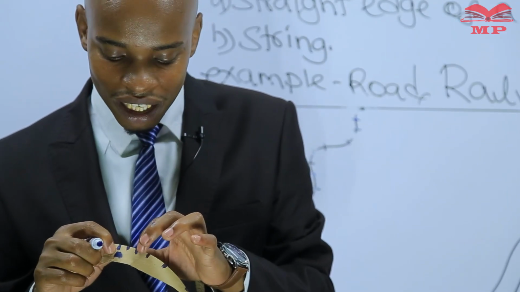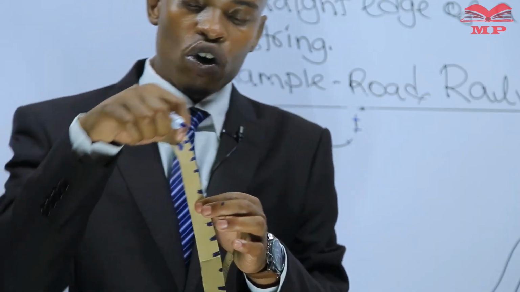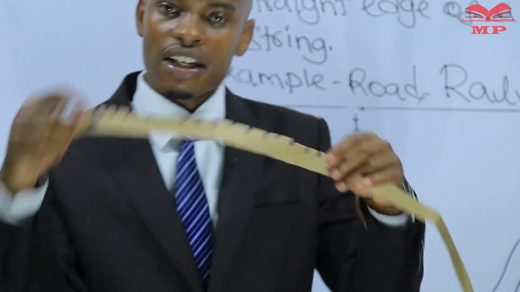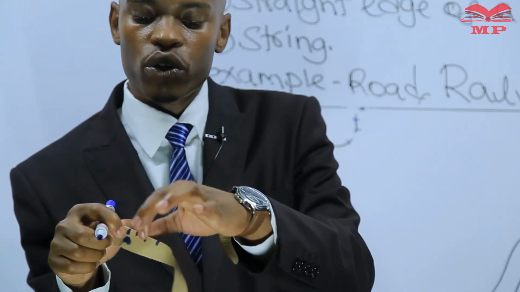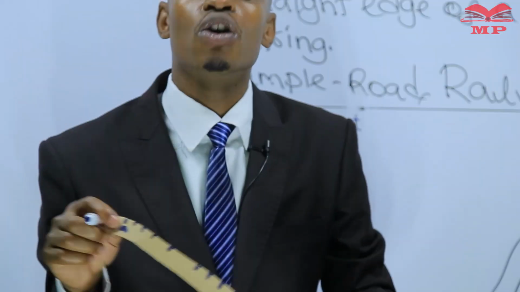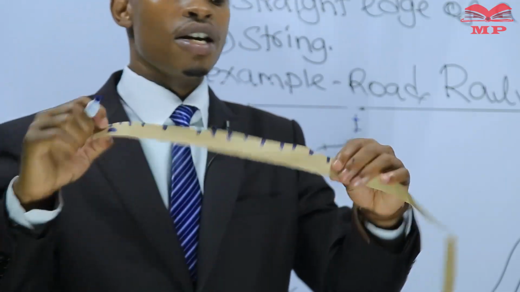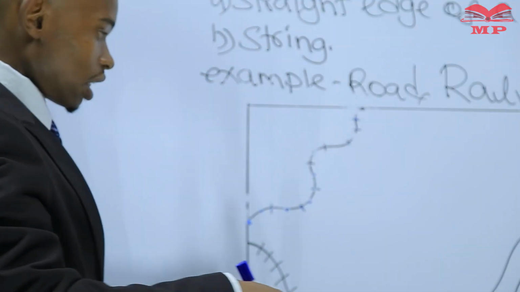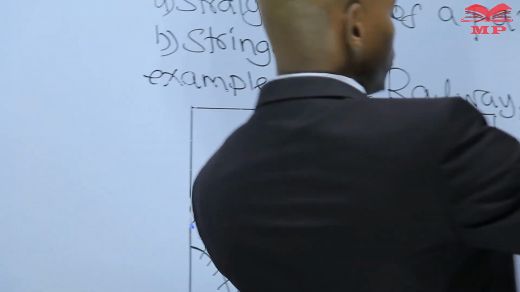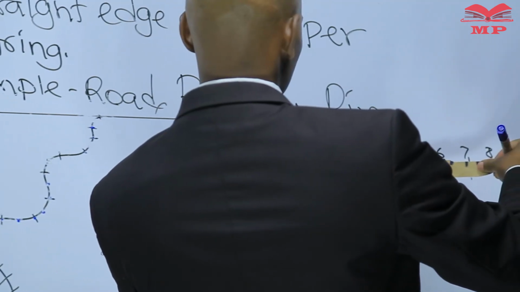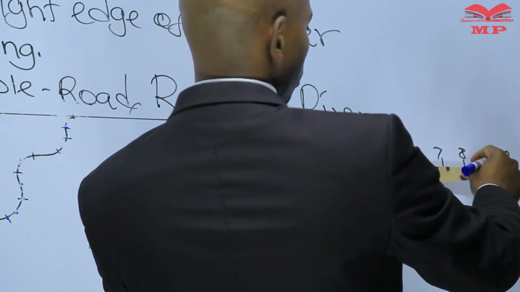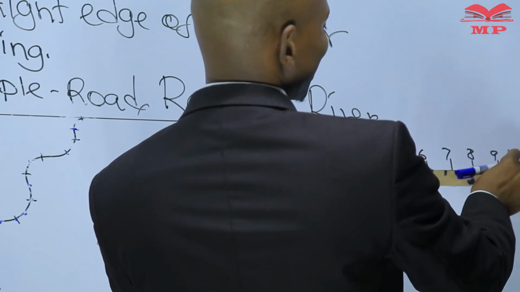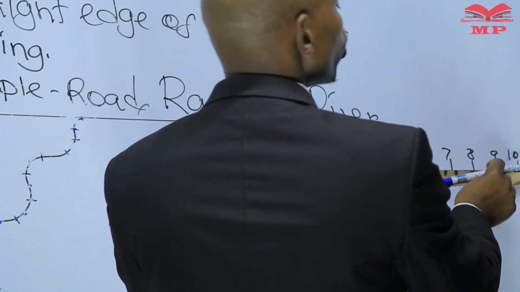These other markings were for me when I was meandering with a curved distance. When I was moving with a curved distance, that's when I was making these marks. So you don't need them anymore. What you need is the first mark A and the last mark B. You come to your linear scale and make sure that point A is on 0, and you go to the last point B, and point B sits exactly at 8 kilometers.